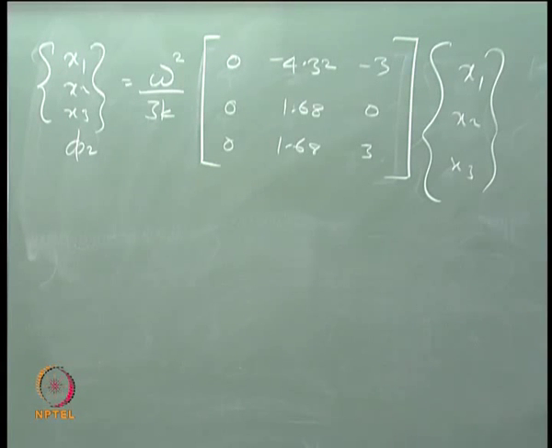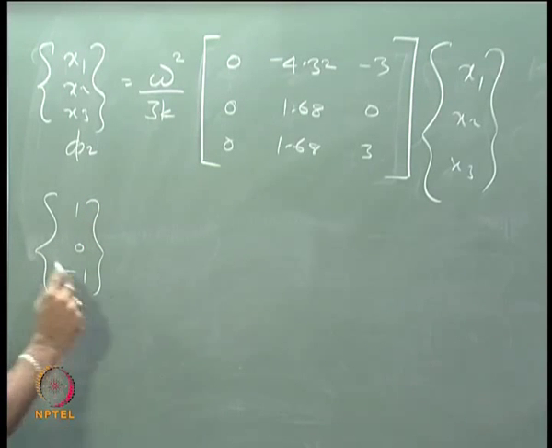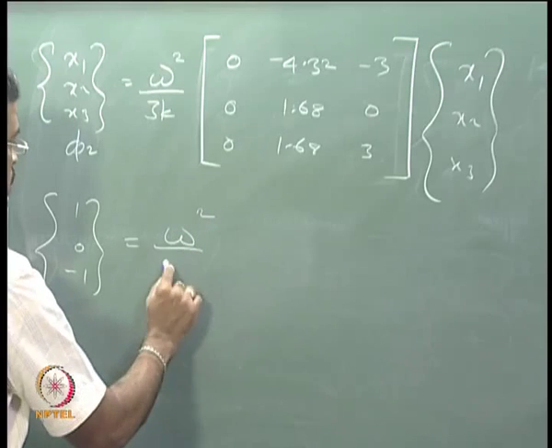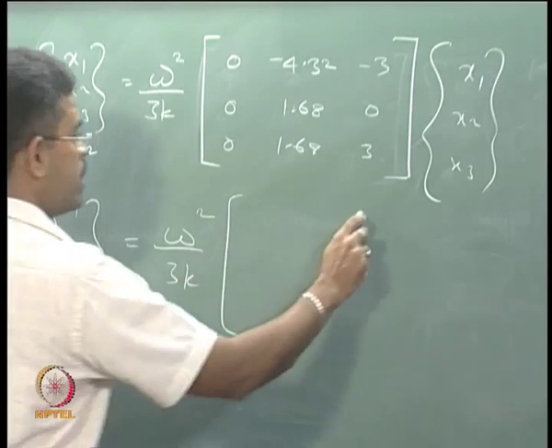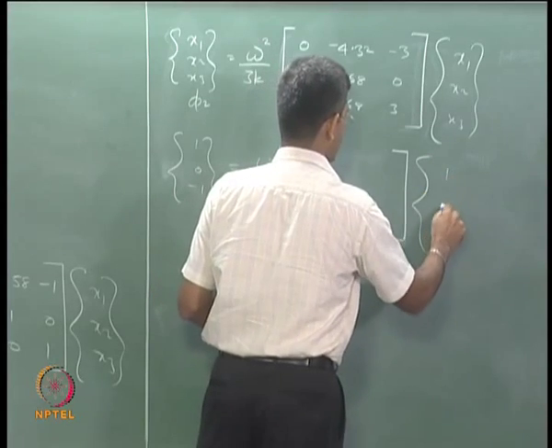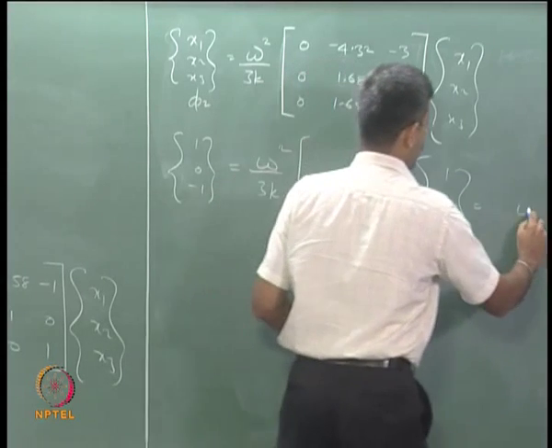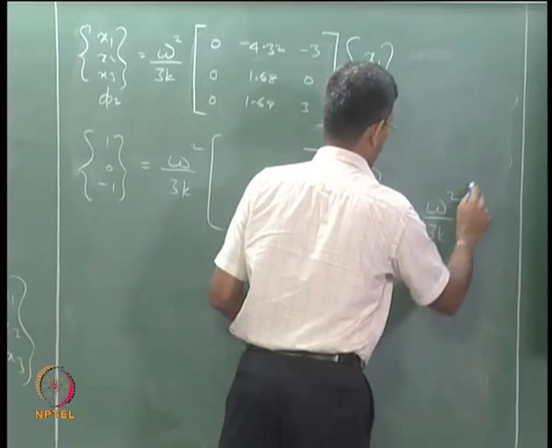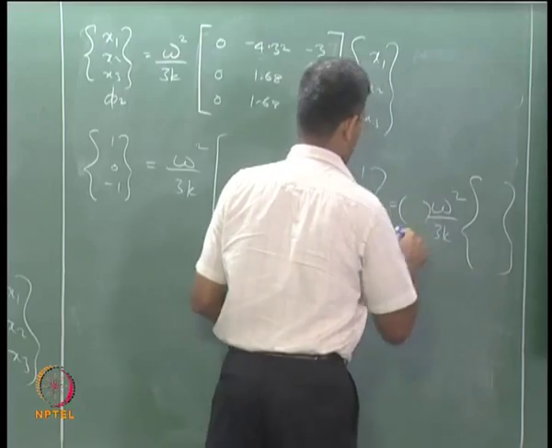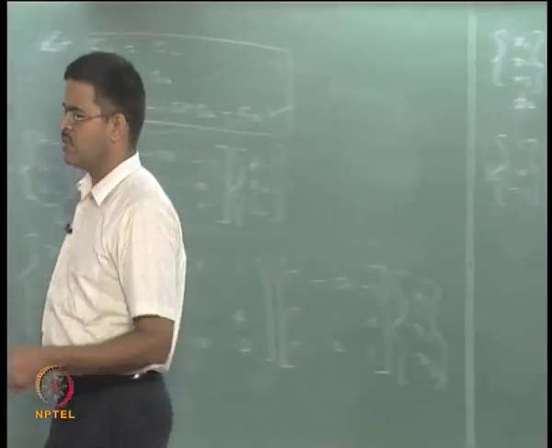Let me do that by assuming a vector which is 1 0 minus 1. Okay, it is a vector which will have only 1 0 crossing. Omega square by 3k of this matrix multiplied by 1 0 minus 1 will give me omega square by 3k of some vector with a multiplier. What is that multiplier?